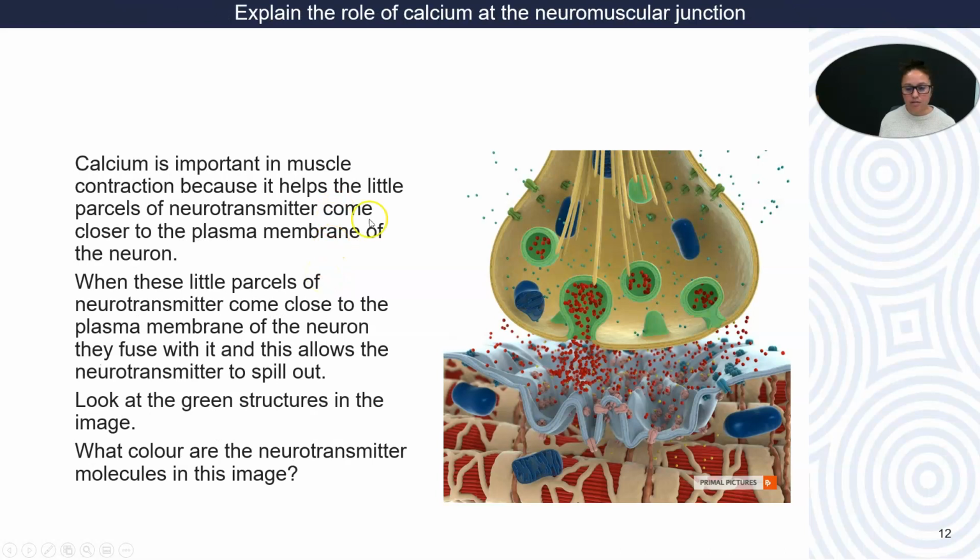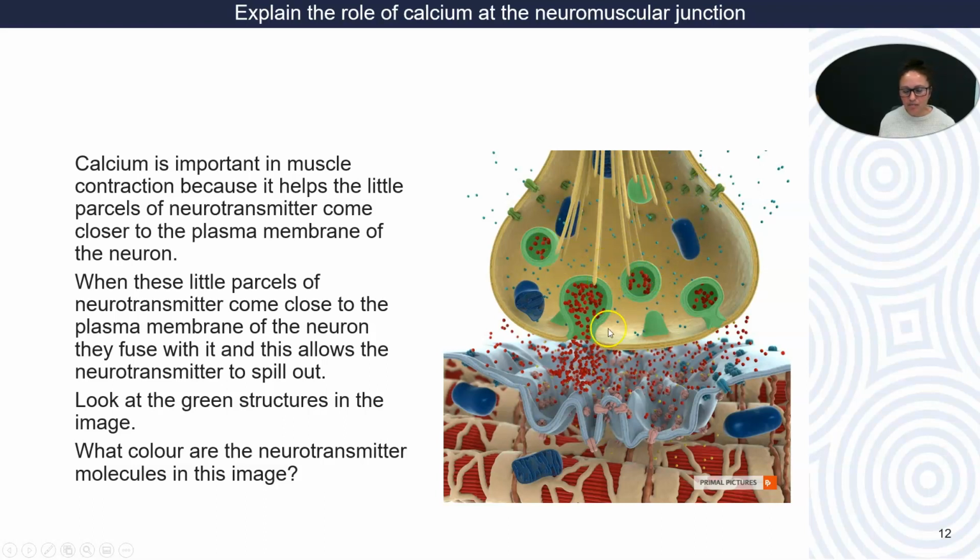Right, so calcium is a very important ion because when it goes into the neuron, it helps push these little bubbles out. These little bubbles are made out of plasma membrane, and they're like little packages, little packets.